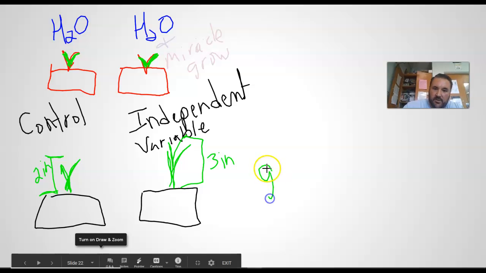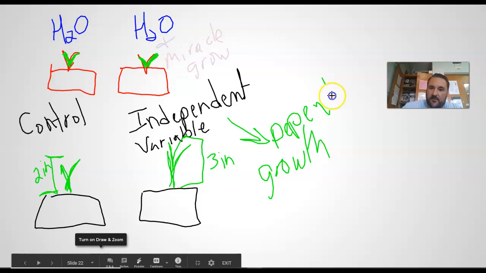So the growth was different for our Miracle-Gro plus water plant. The independent variable causes the dependent variable. So the growth in this case is the dependent variable. It depends upon how much water and Miracle-Gro it gets. So in this experiment, where the water and the Miracle-Gro were given to 2 different plants, the Miracle-Gro plant grew better.